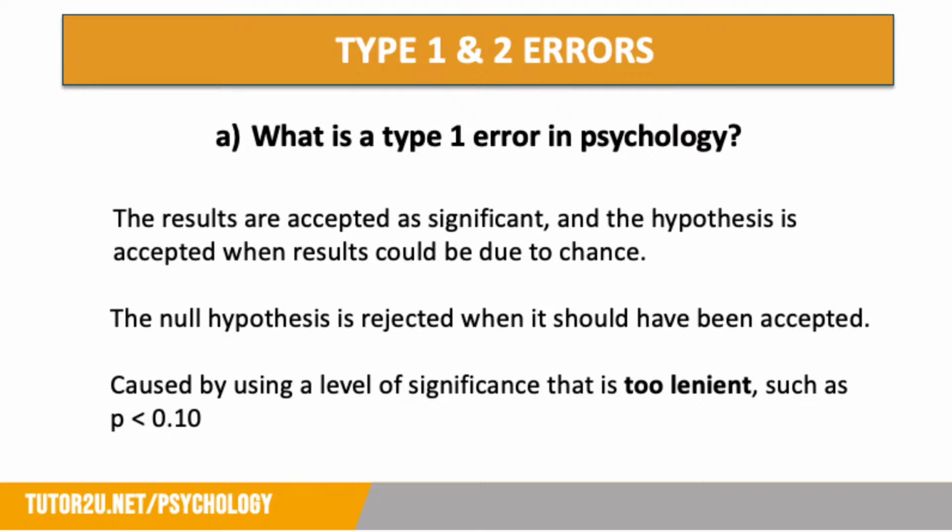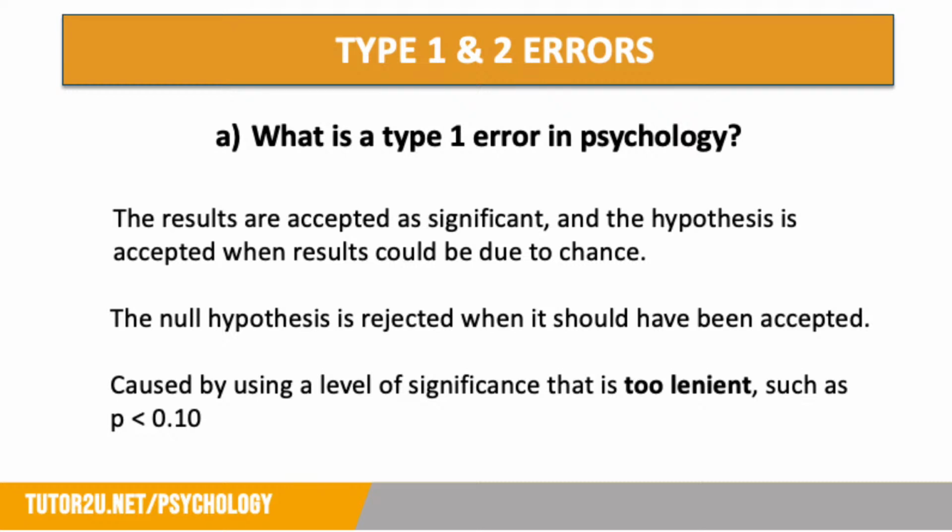Right, type 1 error, we can actually say a few things here. So what is it? It occurs when we accept our results as significant and we accept our experimental hypothesis. However, it might be the case that the results are due to chance. So we reject our null hypothesis when it could have been accepted. Now, what I was looking out for, Sky's kind of got it there, is when these might occur.